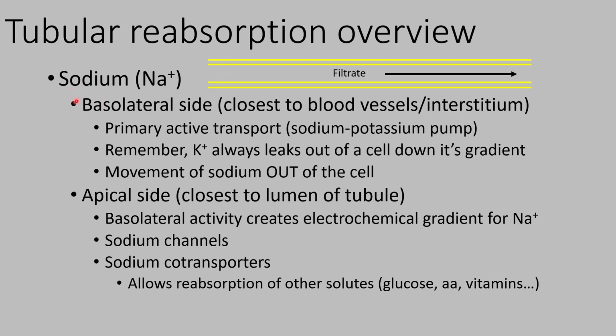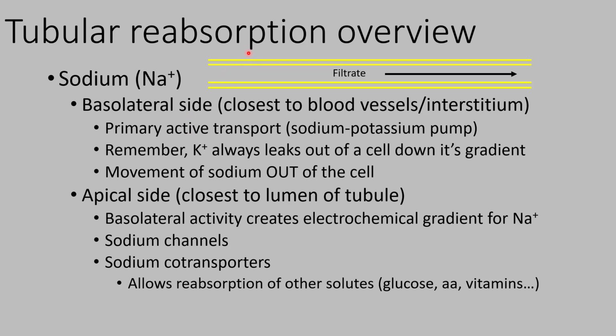On the basolateral side, the side closest to the interstitium, the side closest to the blood vessels, there is primary active transport, the sodium-potassium pump that we learned about back in Bio 137. The sodium-potassium pump moves 3 sodiums out of the cell.